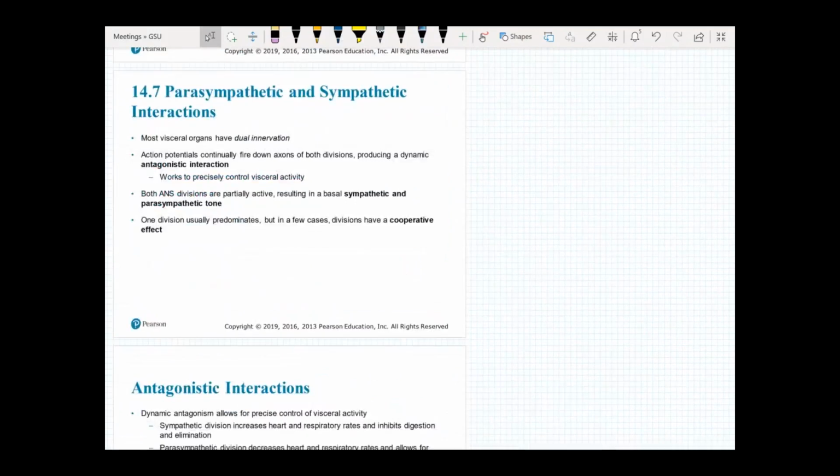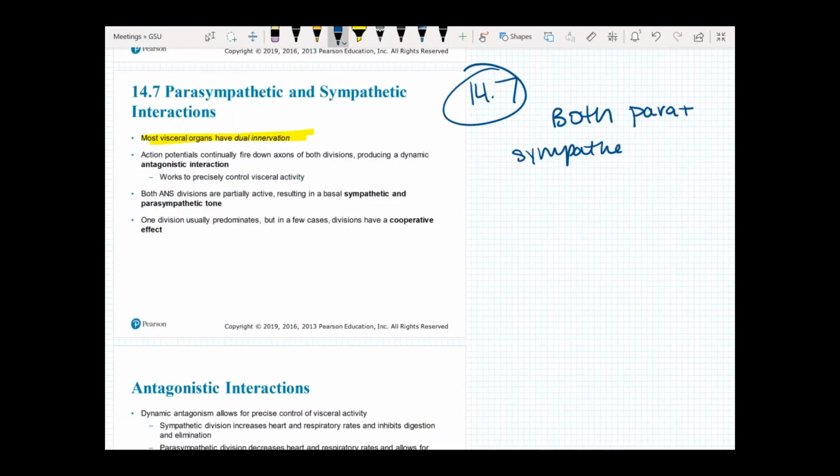So another takeaway from this is how the parasympathetic and sympathetic nervous system interact with each other. Most visceral organs have something called dual innervation, which means that they will have both the parasympathetic and sympathetic axons connecting to them.